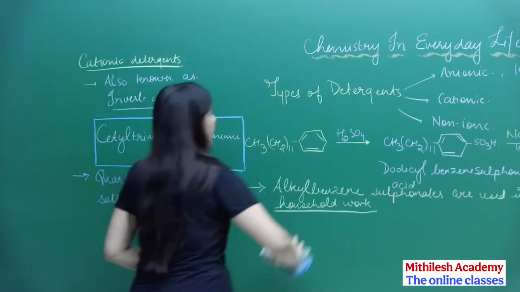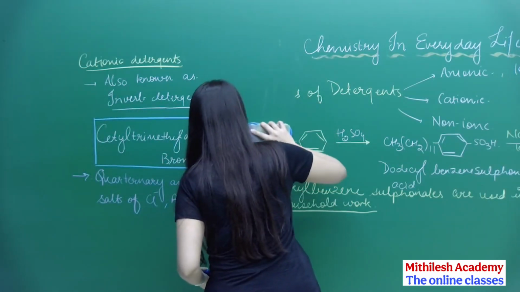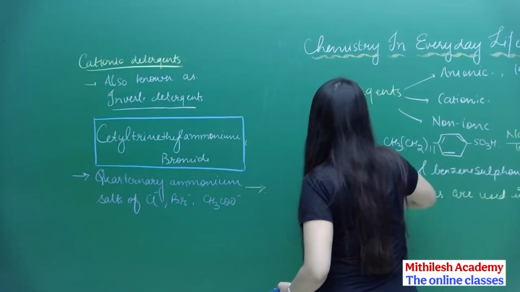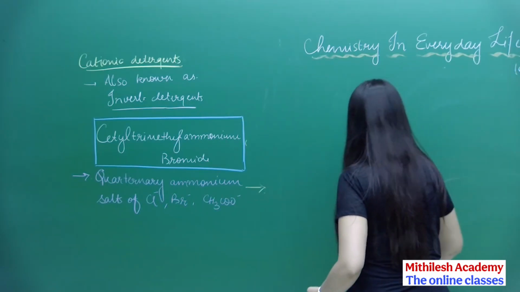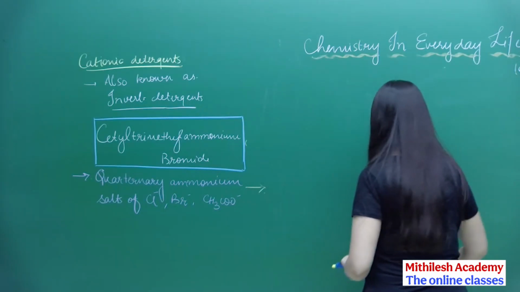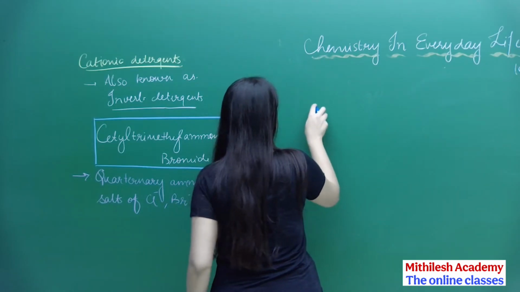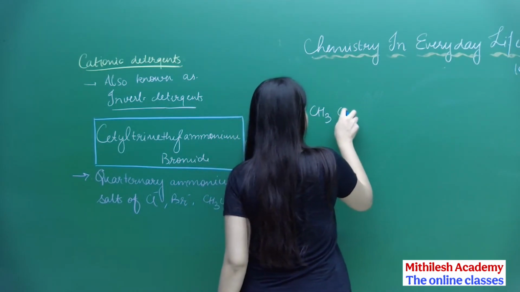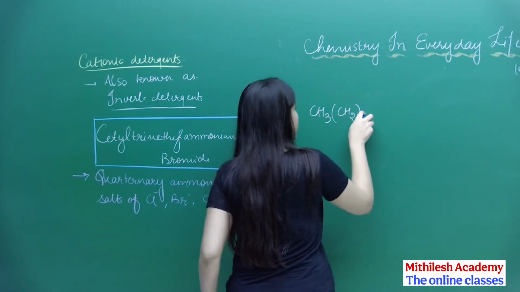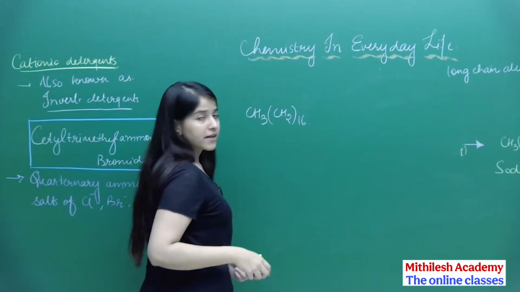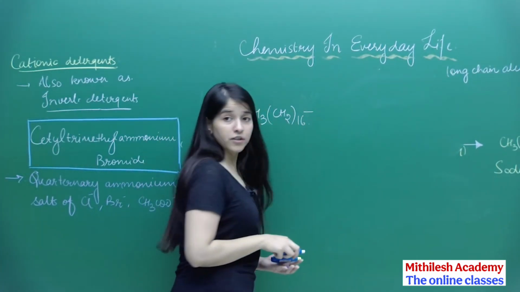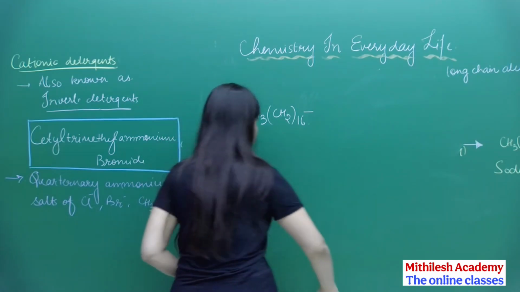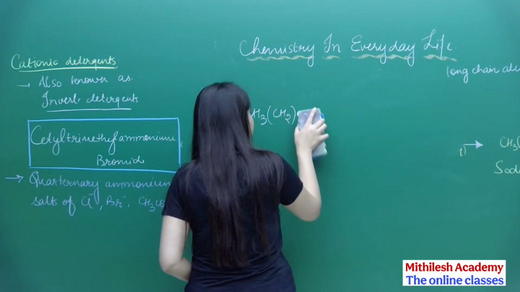So let's try to have the structure for it. So the structure would be, it has got now in total 16 carbon atoms. And what else? This very particular group is attached with, sorry, let me just make 15 over here.